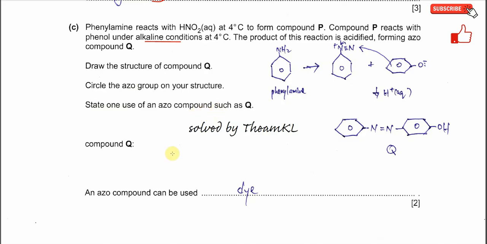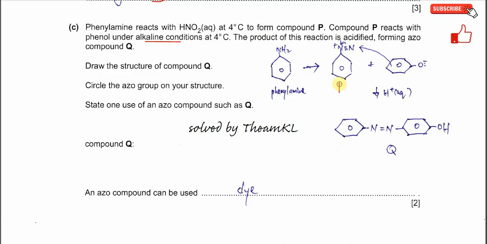Before you give the compound Q, of course you need to know how the reaction works. First, the phenylamine, when it reacts with HNO2 at 4 degrees C, will form this benzene diazonium ion.